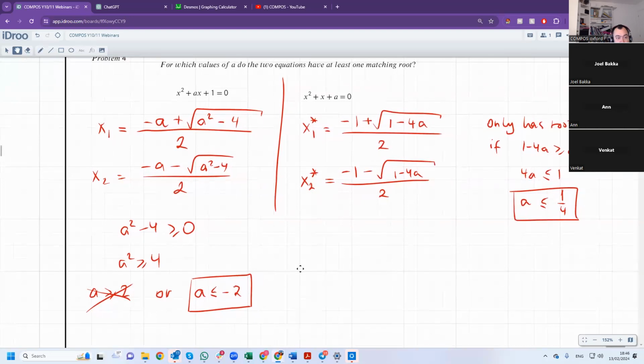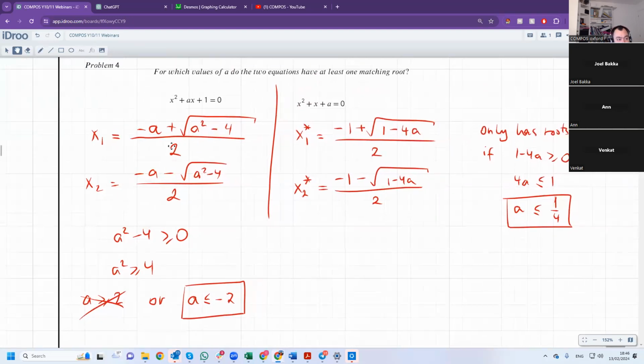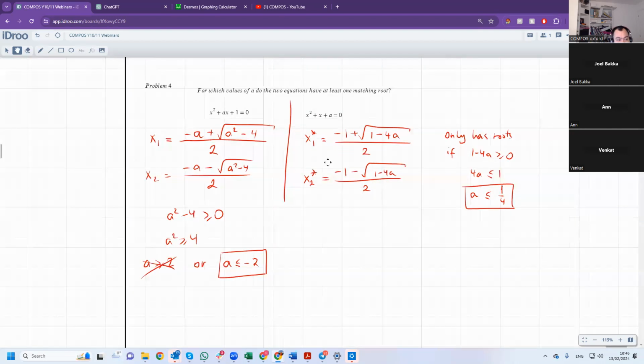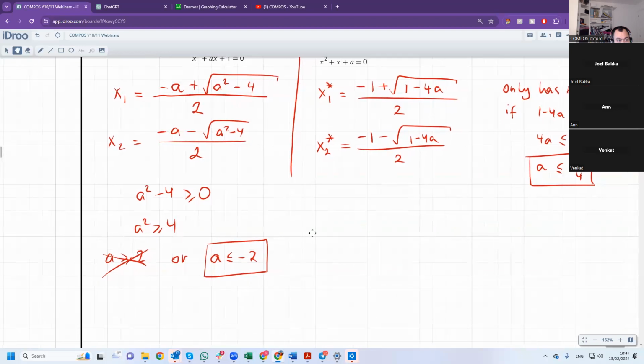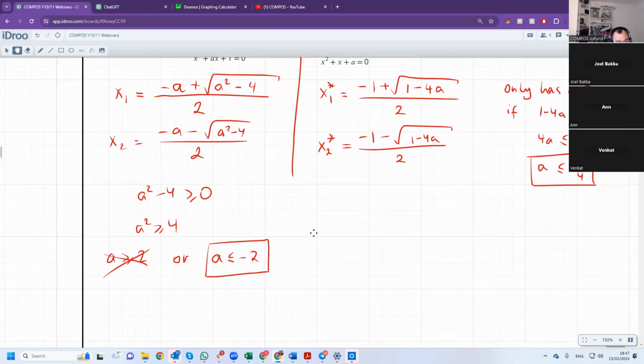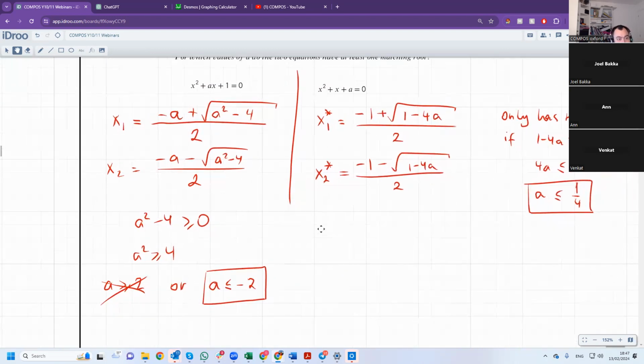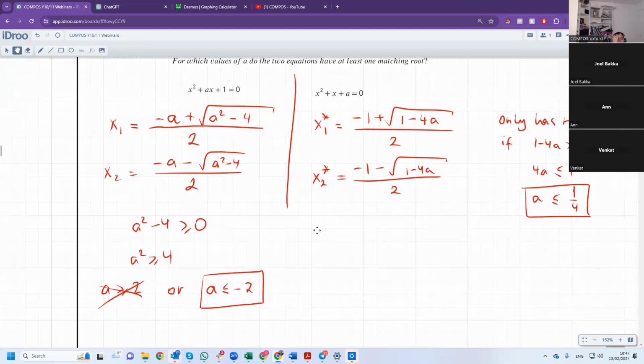What does that mean? That means that x1 is strictly positive. Okay, negative a's. So if a is negative, this is positive, and this is positive.